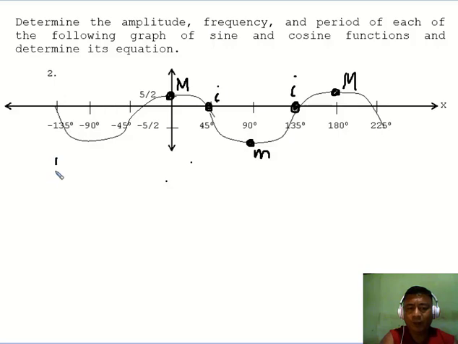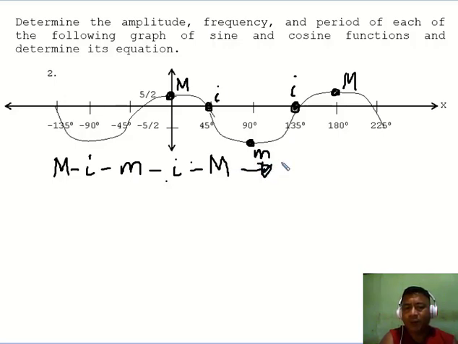If we recall the pattern in graphing the cosine function, we actually have this pattern, which is simply M I m I M. Capital letter M is the maximum point, I is the intercept, small letter m is the minimum point, then I is the intercept, and then we have the capital letter M, the maximum point, which is simply the graph of y equals a cosine bx.